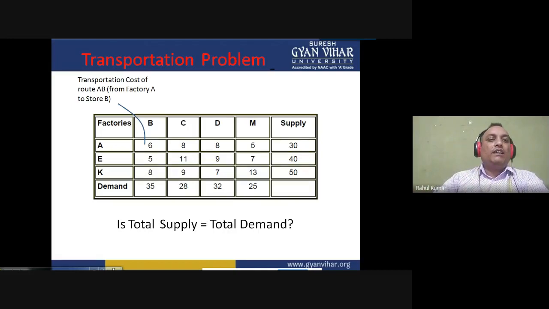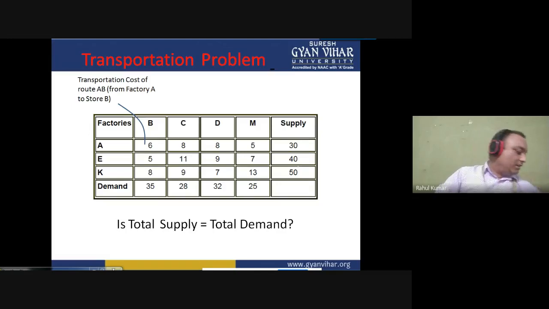And this is the transportation cost of the route AB. Suppose 6 is the transportation cost, right? So first you check total supply equal to total demand.